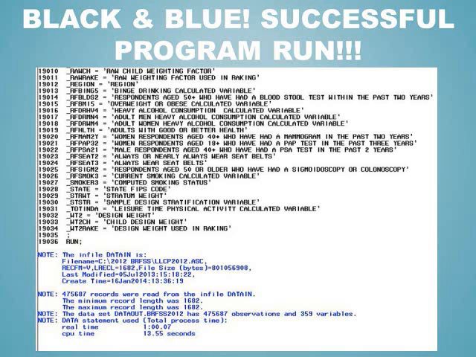The key thing that I want you to look at is down there near the bottom, the next to the last note. It tells you that the data set, DATAOUT BRFSS 2012, which is the name that I wanted it to give it, has 475,687 observations and 359 variables, and that ought to keep anybody busy for quite a while.